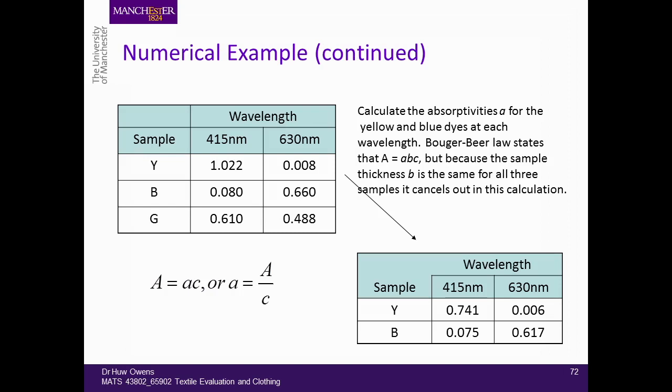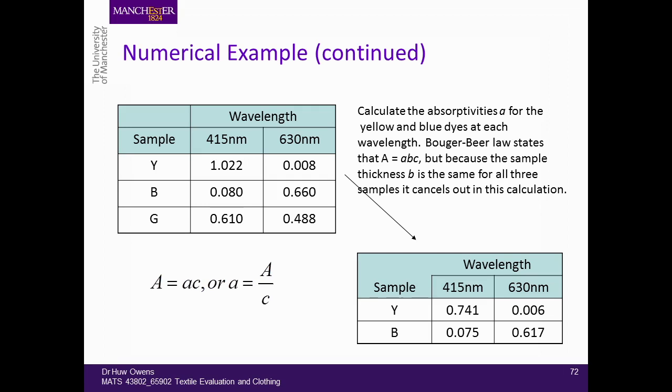The next thing we need to do is see how much each of them contributes in terms of the units. This unit absorptivity. So we've got A, B, and C. We assume that the path length is the same for both of our samples, so we could set that to 1 centimetre.